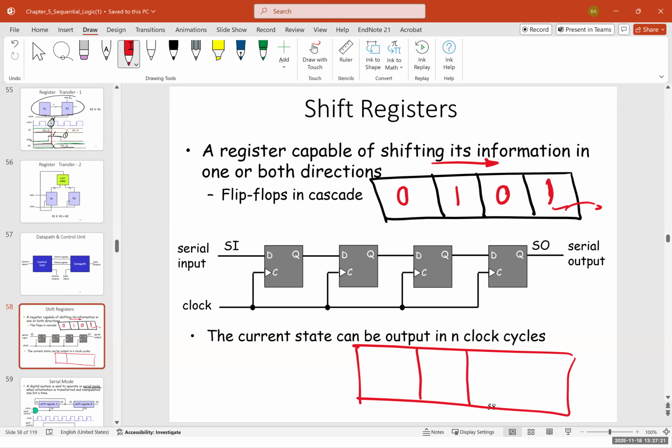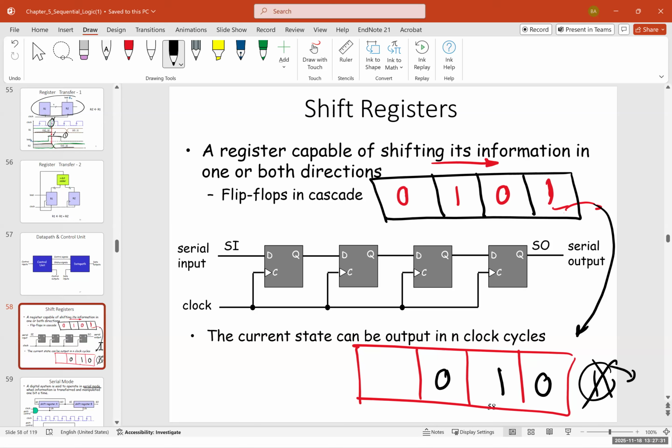If I shift 1 bit to the right, it will look like 0, 1, 0, and the 1 fell out, and we no longer have it. Now, what happens to the empty space on the left? Usually the computer replaces that with a 0. So 0, 1, 0, 1, you shifted 1 to the right, the 1 on the right is thrown out, and we have a 0 added on the left.